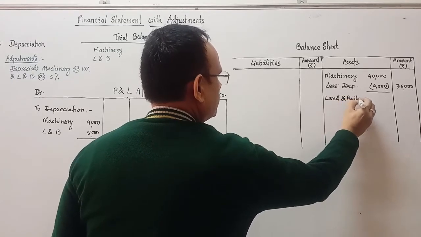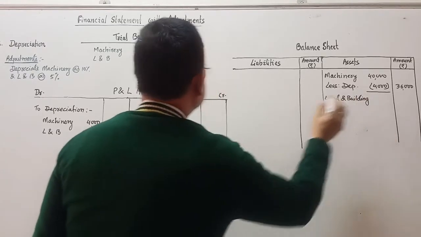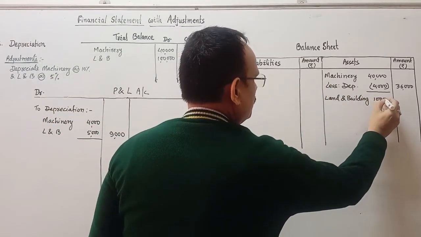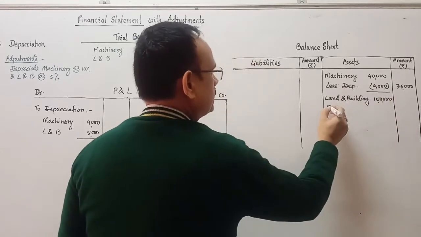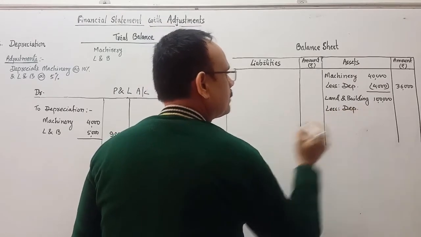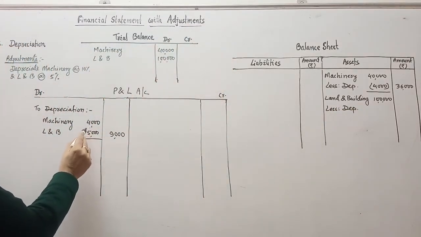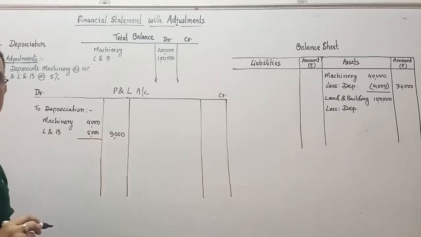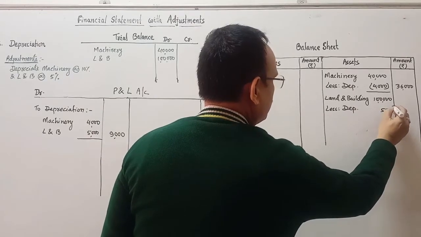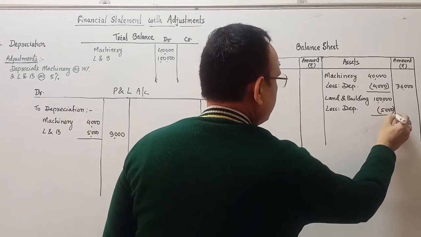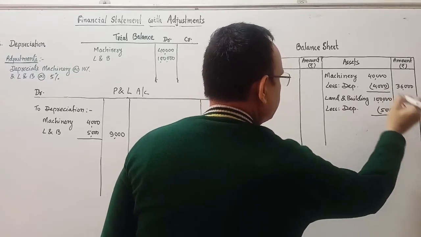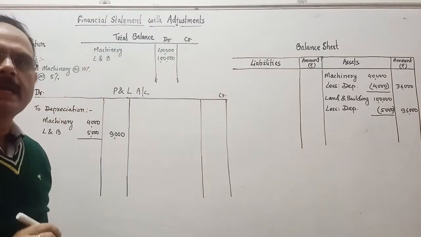In the trial balance it is 1 lakh, so write the value 1 lakh in the inner column and then deduct the depreciation on land and building, which is 5,000. So this will be 95,000.